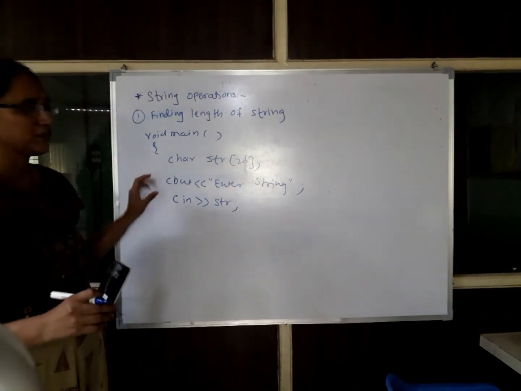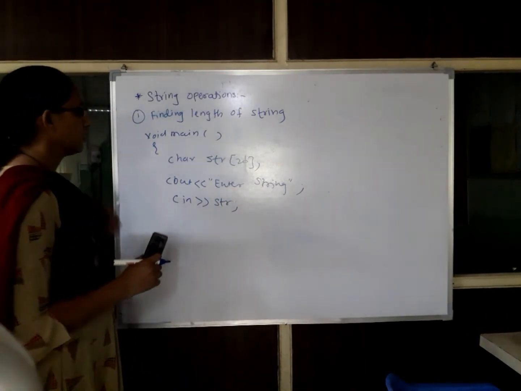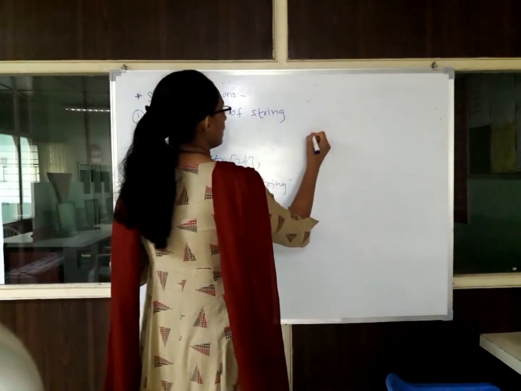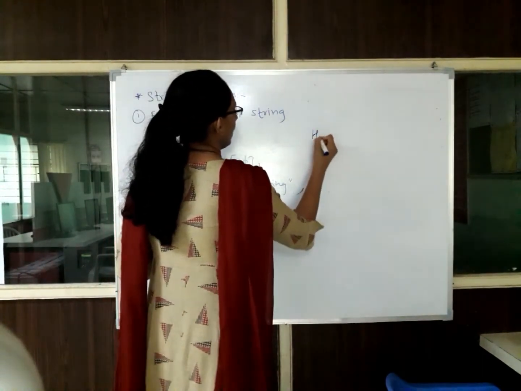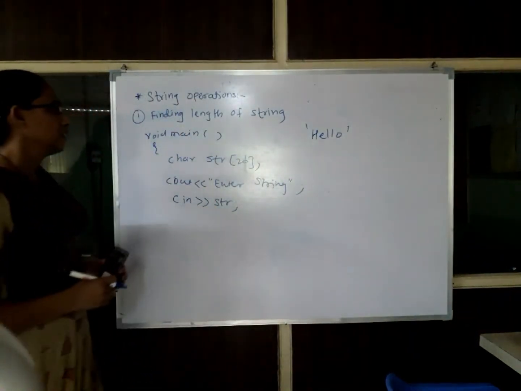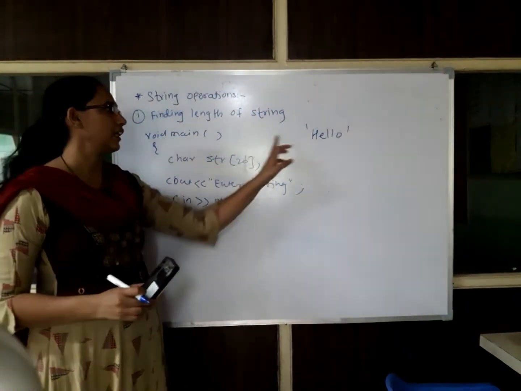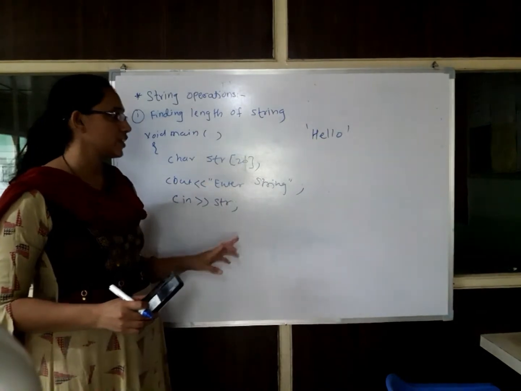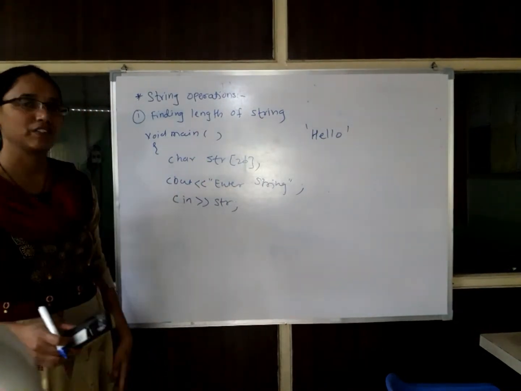Here we are accepting only a single word string. Suppose the string is hello, then how will you find out the length of this string without using a library function?